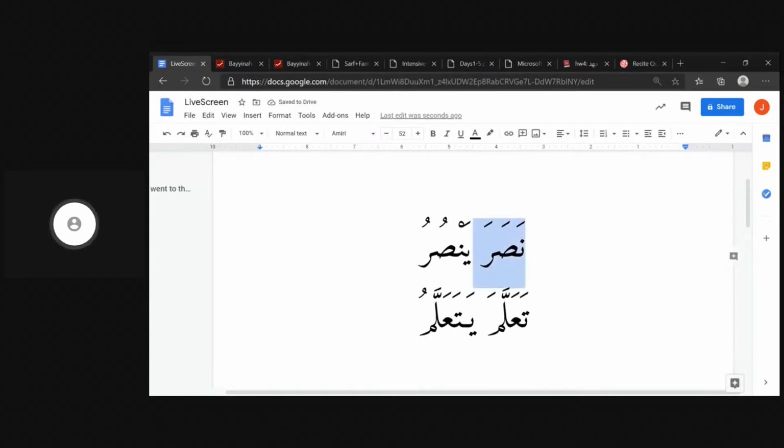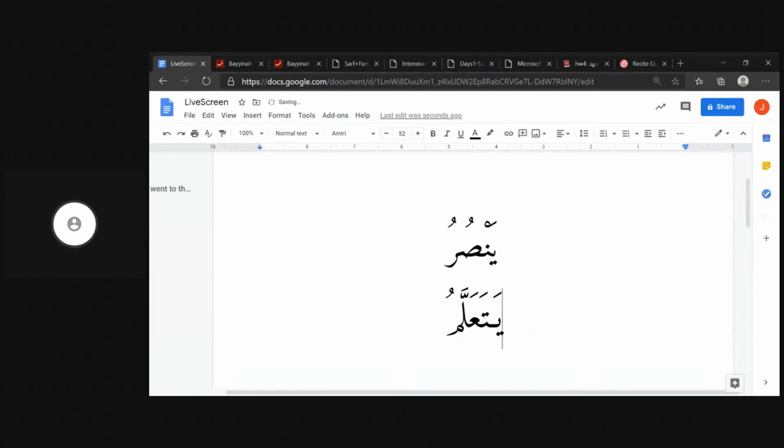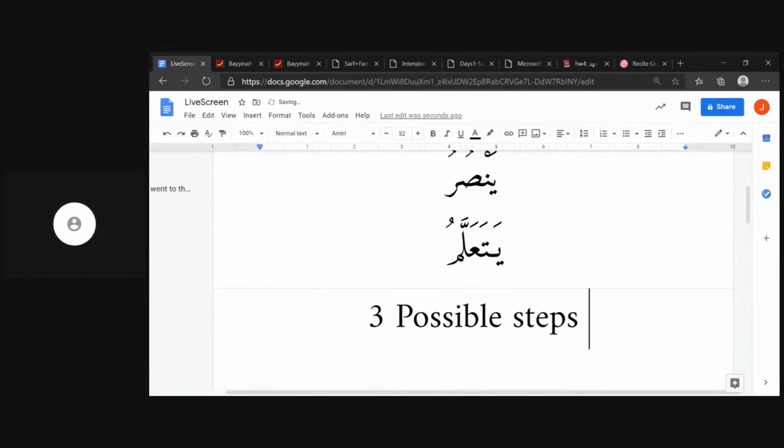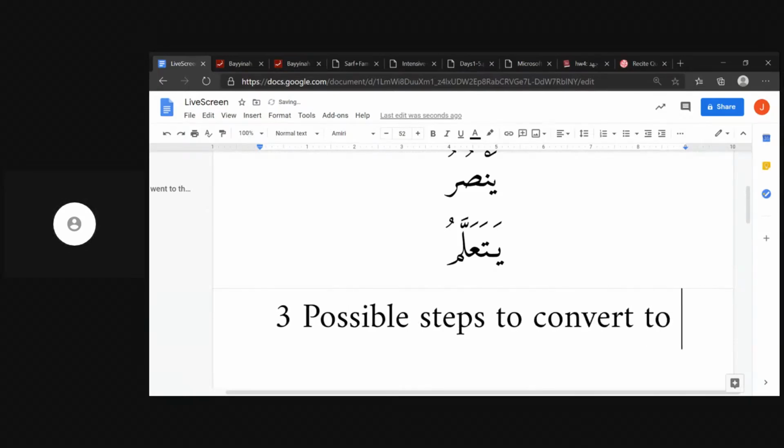We're not going to look at the past for either of them. Okay? We're only going to look at the present. The command and the forbid come from the present. We need to do two things, sometimes three. Let me say it this way. We have three possible steps we need to take to convert to a command.